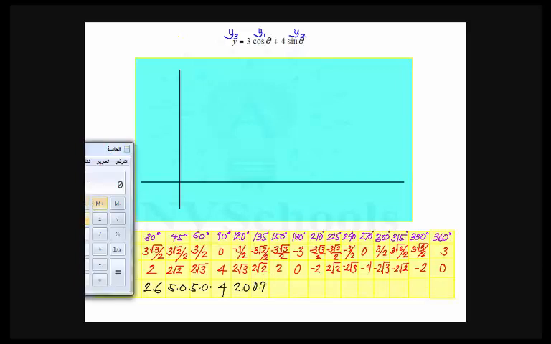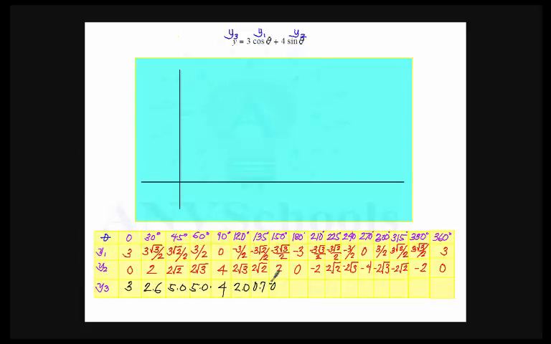Okay, next we will have negative 3 square root of 3 over 2, which is negative 2.598, or 0.6, let's say. How could you jump to negative 0.6 if it doesn't have any 0?